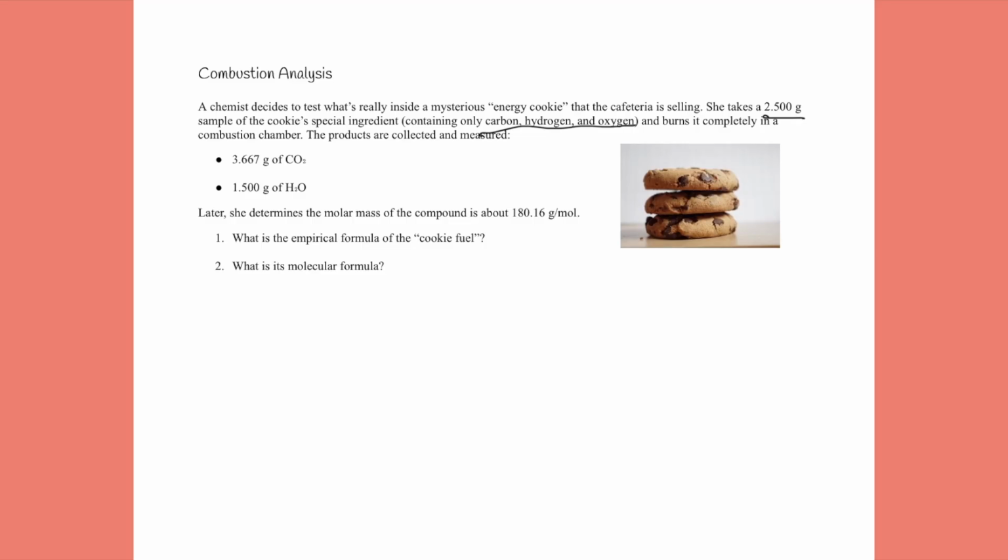And the first thing you want to do in a combustion analysis problem is determine the mass of the carbon, hydrogen, and oxygen. In order to find the mass of the carbon, we take the amount of grams of CO2 there are, which is 3.667 grams. And then we multiply that by the molar mass of carbon over the molar mass of CO2.